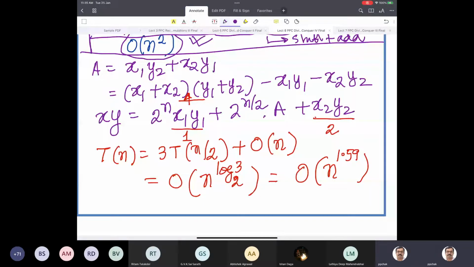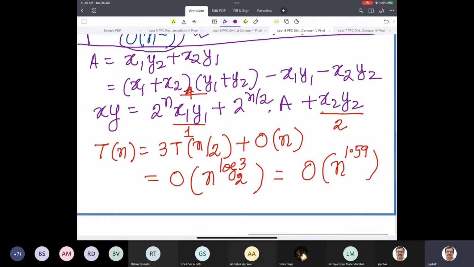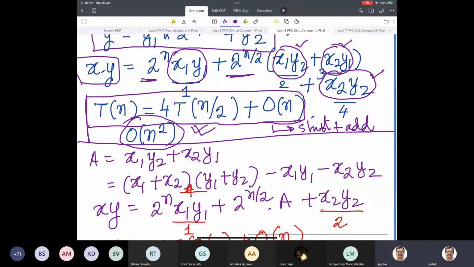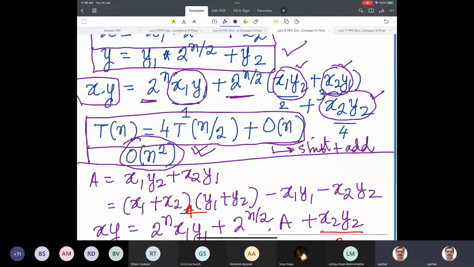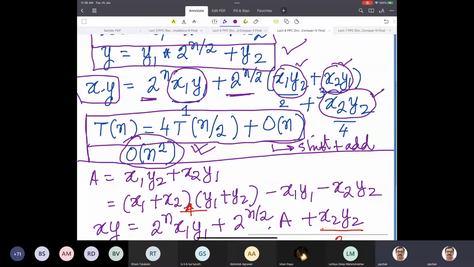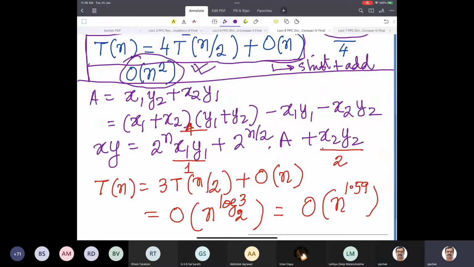So here is the trick. I have to do x1 y2 plus x2 y1. This is what is my job. I have to multiply x1 y2 and x2 y1. So I create a new value, A is equal to x1 y2 plus x2 y1.